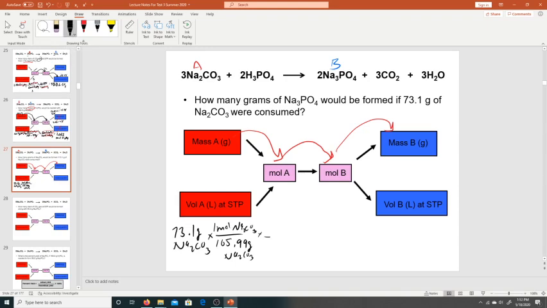Now the mole ratio. Convert moles of A to moles of B. The ratio in this case is 2 moles of B, 2 moles of sodium phosphate, over 3 moles Na2CO3. So now moles cancel.